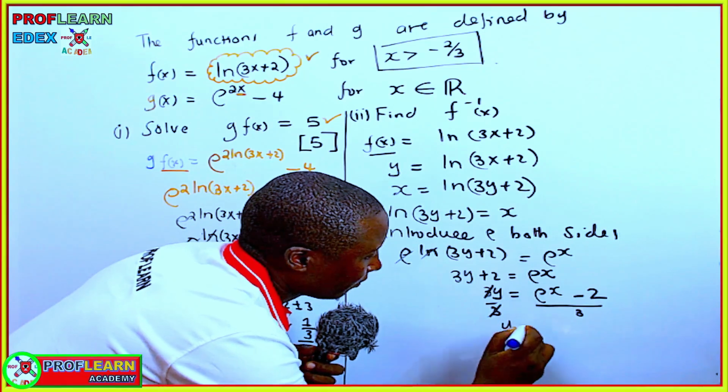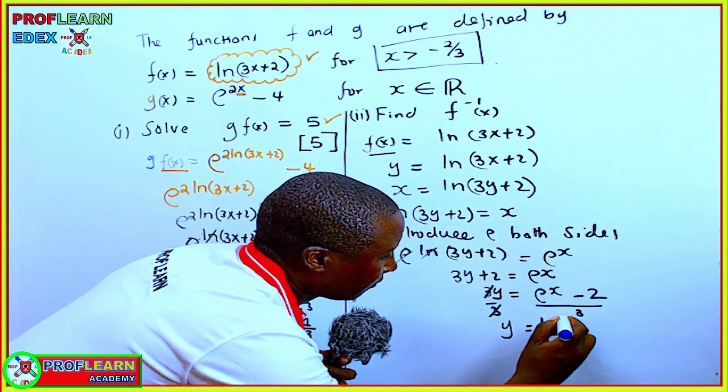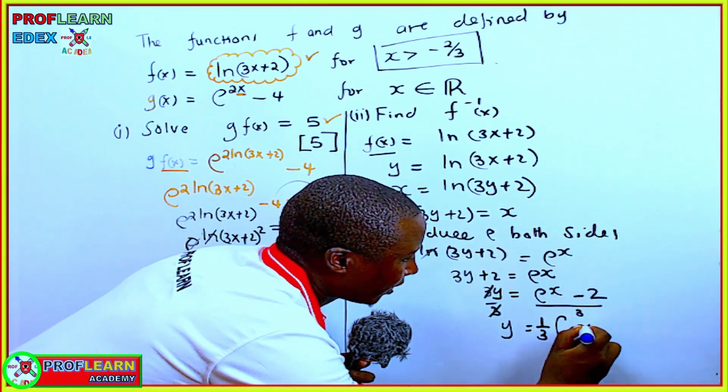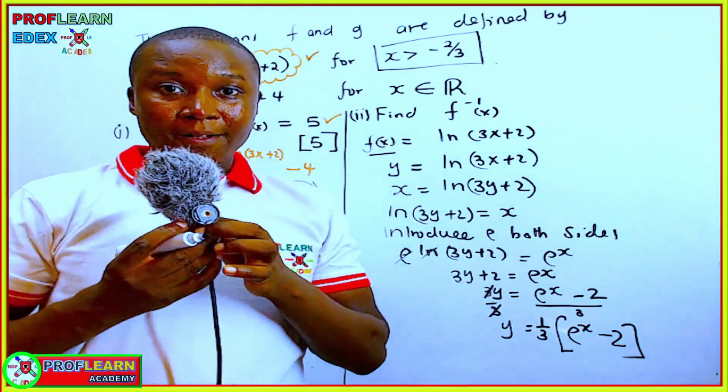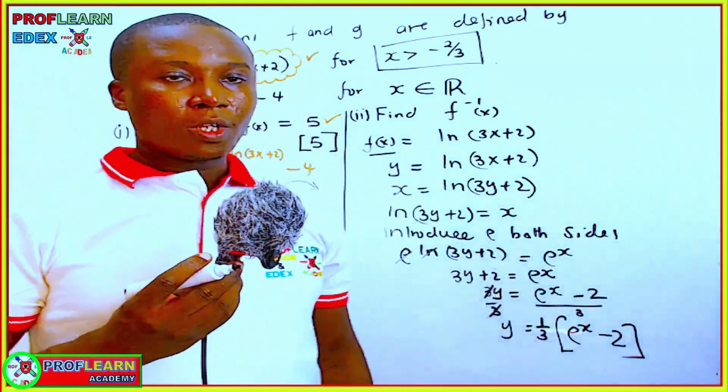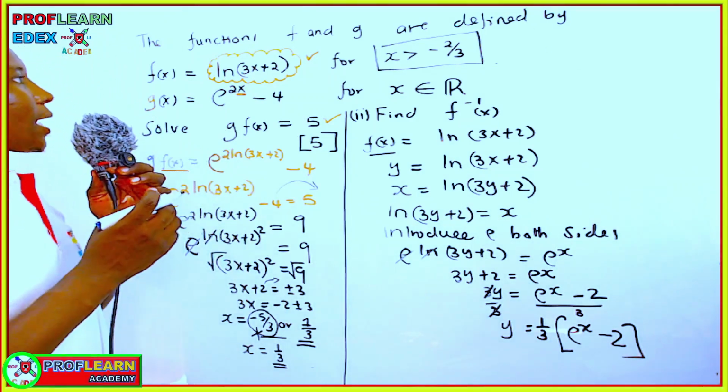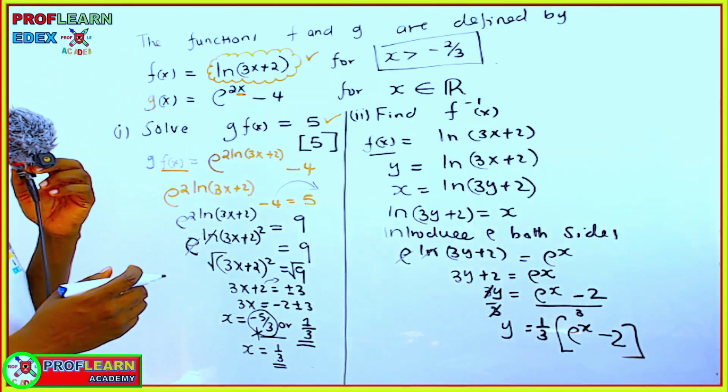We shall have y equals 1 over 3 into bracket e to the power x minus 2 as our final answer. Basically, that's what you are supposed to do to work out that particular question.